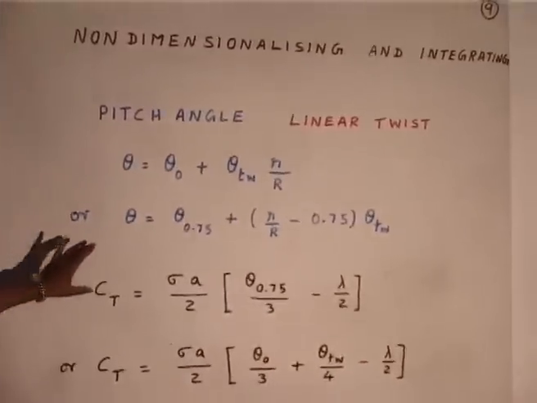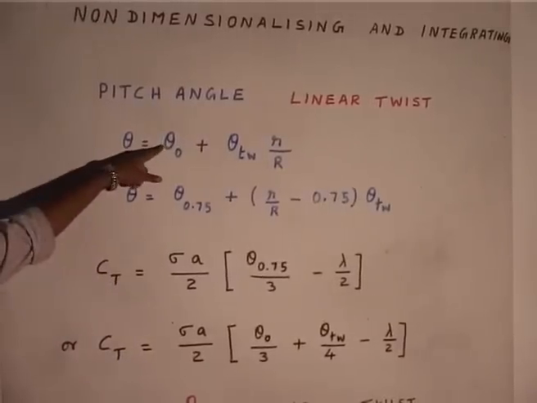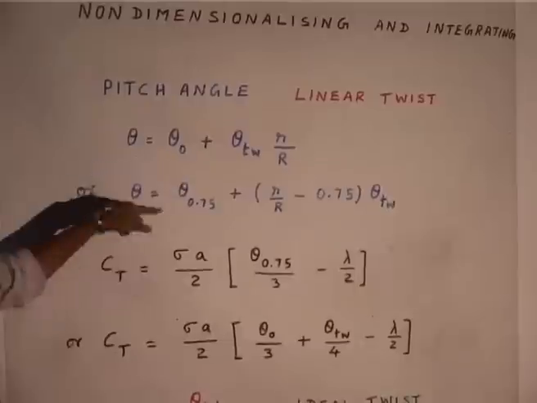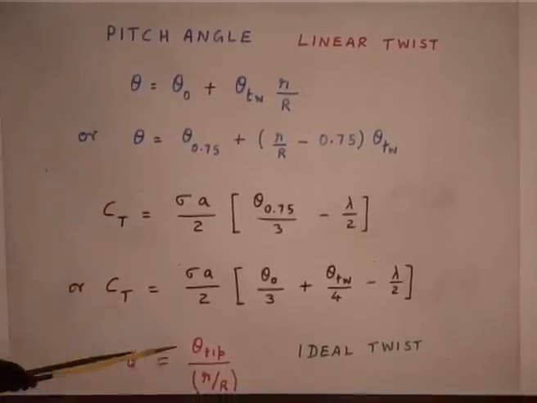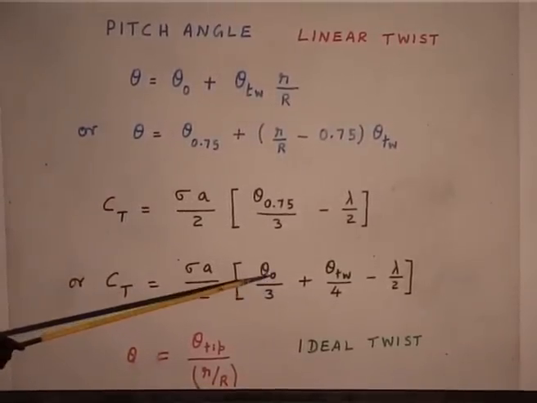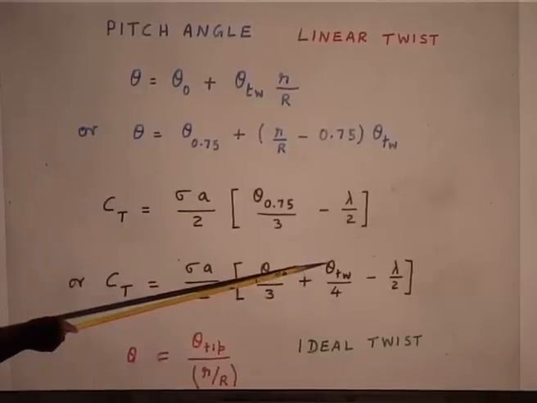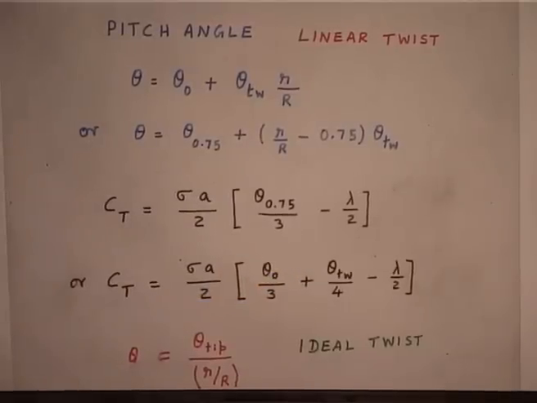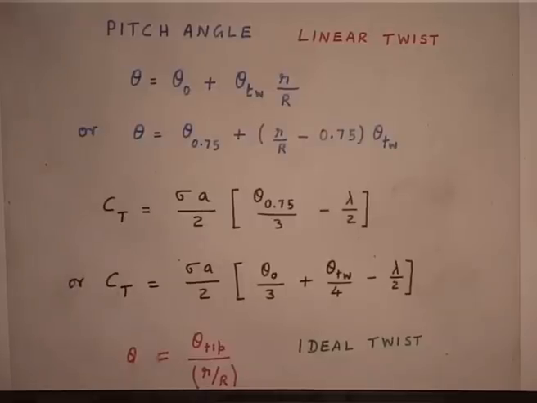Right now, if you directly use this expression, you will have this, because if you take the 3 out, theta naught plus 3 by 4 theta twist is nothing but the angle at 0.75, okay. So the 75% of the blade is always the reference, they will say what is the angle theta.